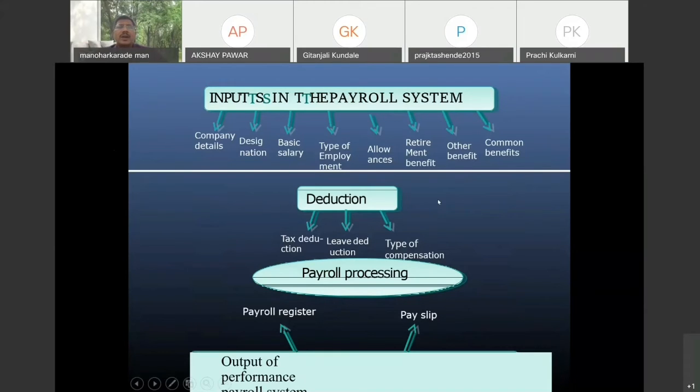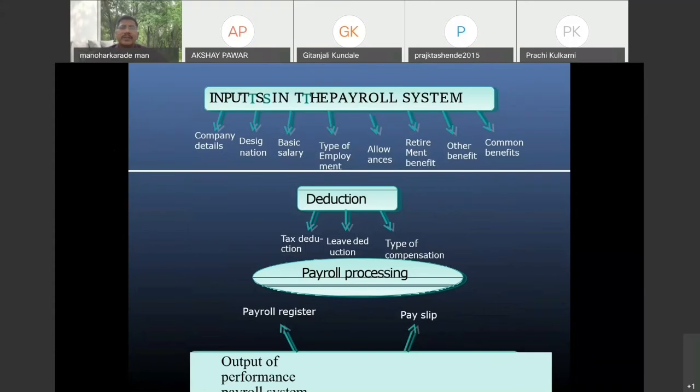We need to know which are those retirement benefits, and we need to have that system in place so that anyone who is going outside the company should get a very nice goodbye or golden handshake, and they should feel that yes, I am proud of being a part of this organization. So there are different other benefits which we need to take into consideration while determining the payroll system.